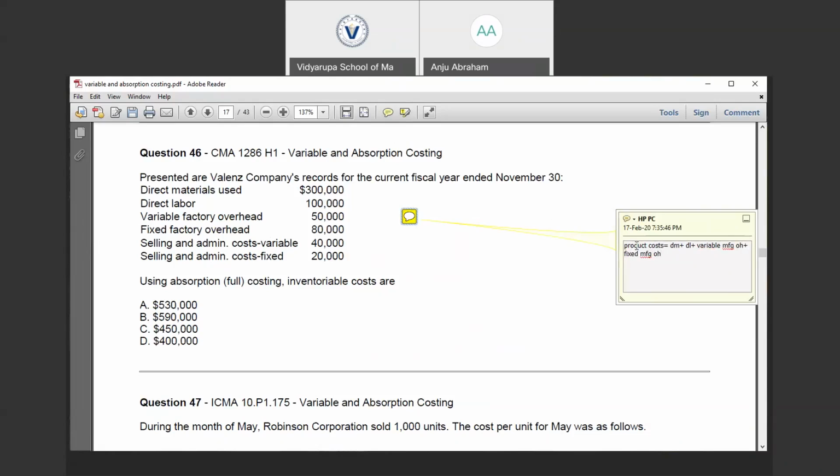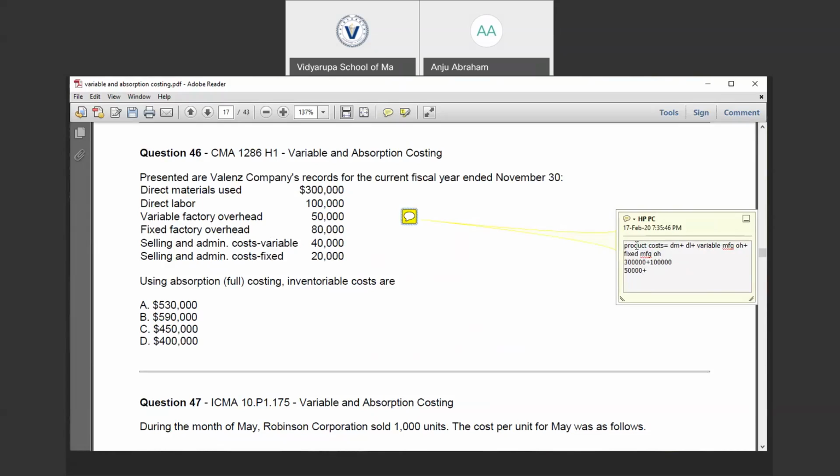So let's check what the total cost will be. Direct material used we are provided with 300. So we need to take the direct material used, which is directly provided in this question: 300,000, plus direct labor 100,000, and variable manufacturing overhead 50,000, plus fixed manufacturing overhead.